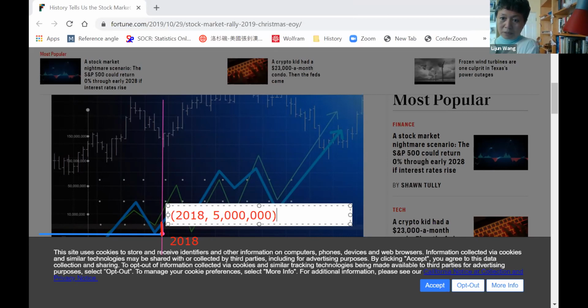Does that make sense? Is that a function? It's a function. So that's what I'm saying: this blue curve is a function. The green curve is a function. How do we judge it? By the definition of a function. The only thing we don't know is what's going to happen tomorrow.